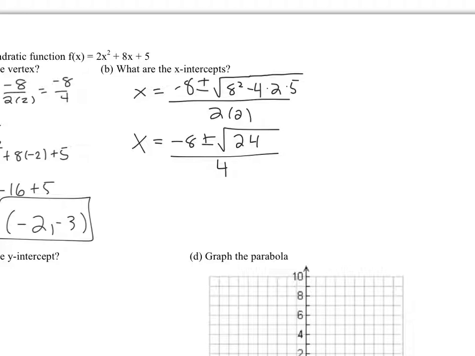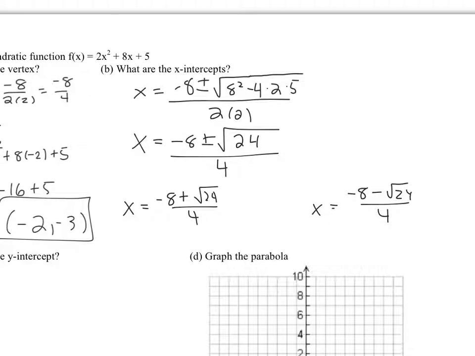There are ways you can simplify this radical. For the quiz, you don't need to, but you need to be able to give exact answers. So one of your intercepts would be negative 8 plus the square root of 24 all over 4. The other one would be negative 8 minus the square root of 24 over 4.